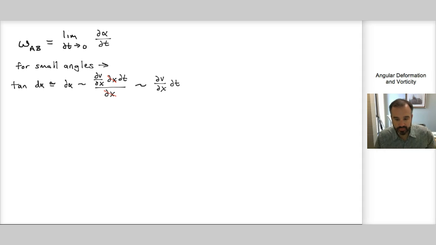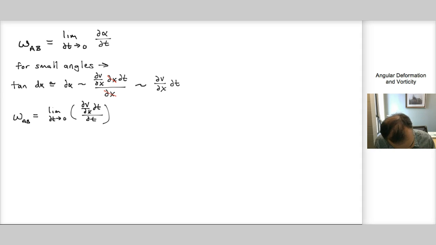Okay? And so if we take the limit of that term, so we have d alpha over dt, so now let's plug this into our above, so we say omega of AB is equal to the limit as dt approaches 0 of dv over dx dt over dt. And you can immediately see that the dt's cancel, and so the limit as dt approaches 0 is just dv dx.